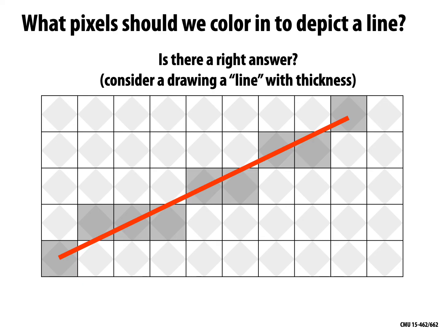So maybe you say, okay, I'm going to give my line a width. I can think of my line not as an infinitely thin line, but as a little skinny rectangle that has some width. So now I could start asking, what fraction of each pixel is covered by this skinny rectangle, and light up the pixel by that amount? That starts to sound pretty reasonable, and it also sounds nice because I can deal with things like thick lines and so forth.